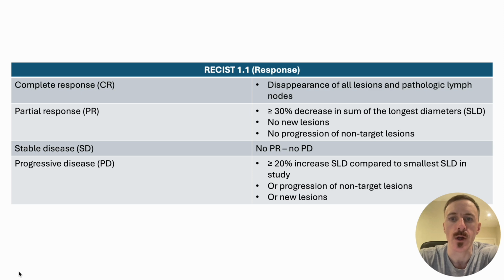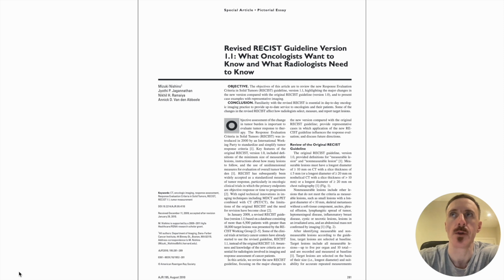This is an important concept just to be familiar with. If you want some good examples of how SLD is calculated, have a look at this paper in the American Journal of Roentgenology.